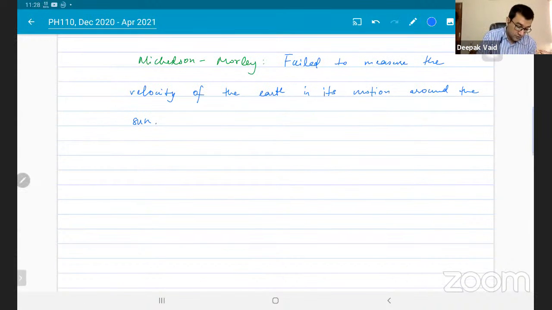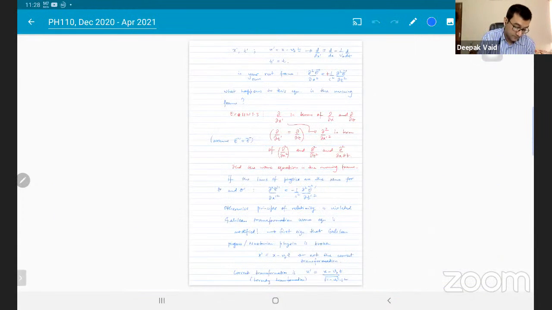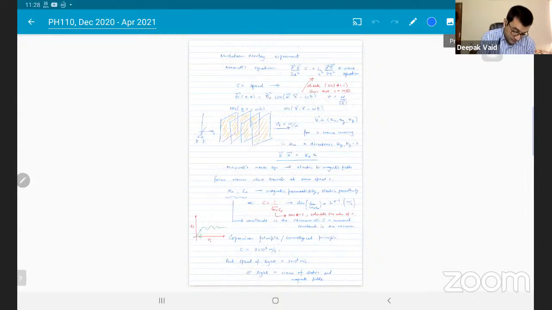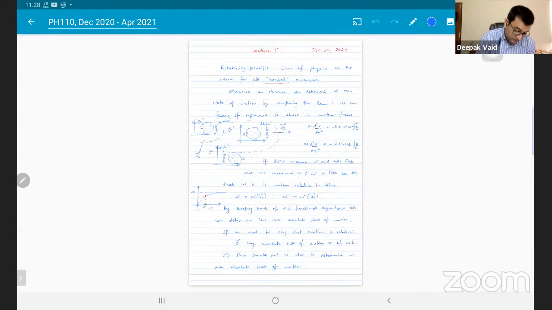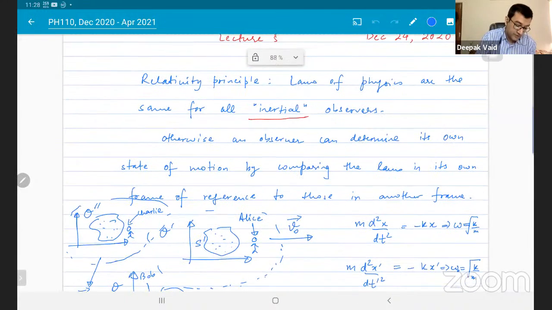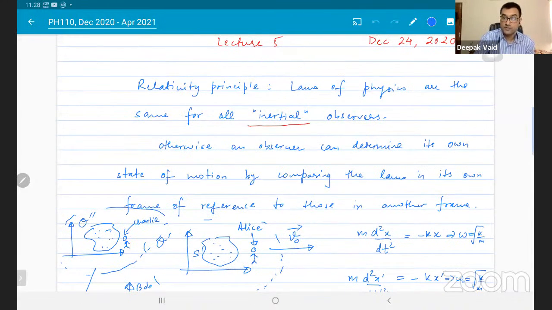So this confirms the relativity principle, which I've already mentioned to you: that the laws of physics are the same for all inertial observers. This is the way that Einstein stated this principle.